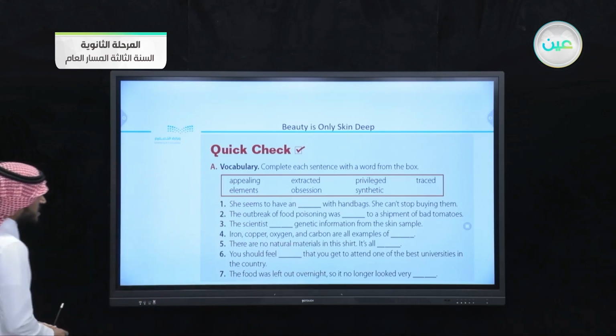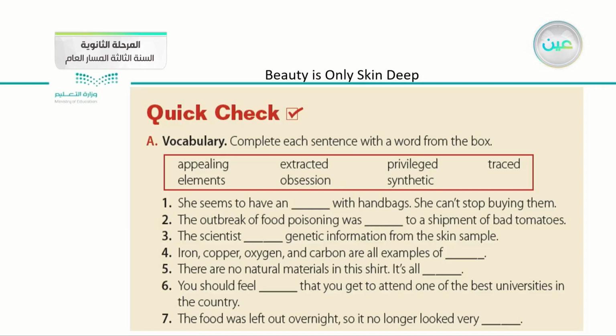Number 1, she seems to have an blank with handbags. She can't stop buying them. We will answer these questions, but I want you now to pay some attention to how we answer the first question, so you can use this way for answering the rest of them. Now we have a sentence.